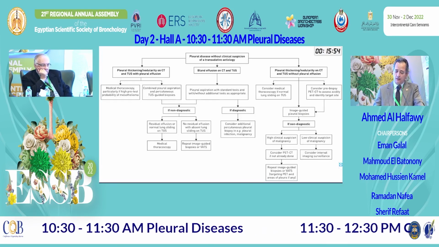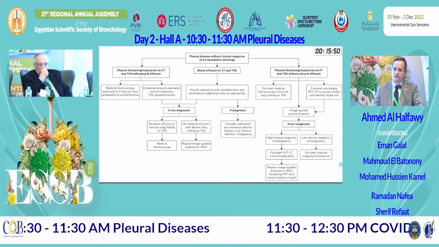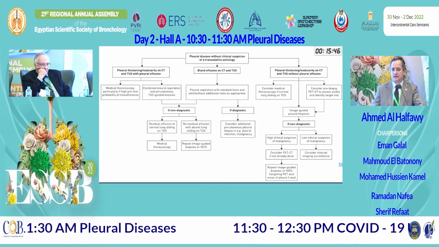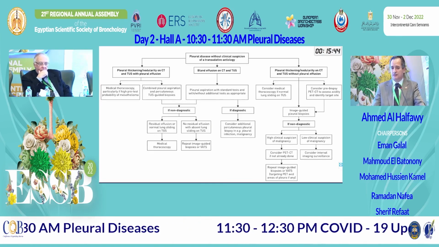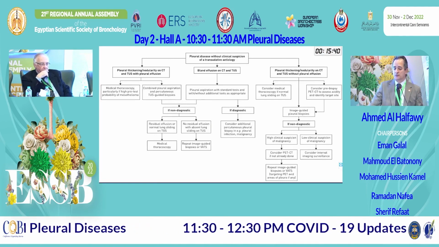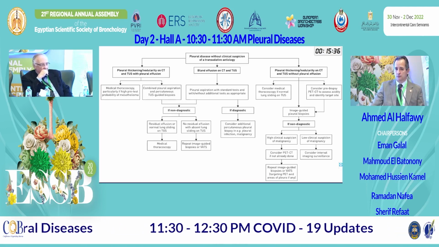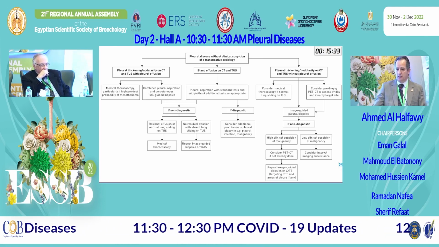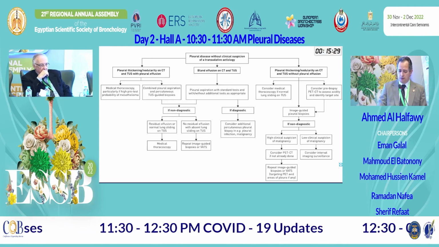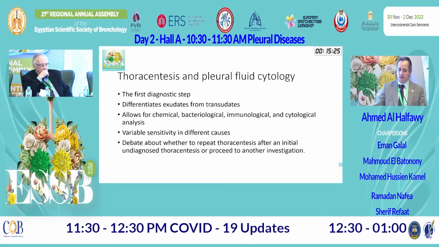After the ultrasound, we think of whether it's an effusion with pleural thickening, just an effusion with no pleural thickening, or a pleural thickening without effusion. We can easily do that now and then choose the method we will use for the diagnosis.